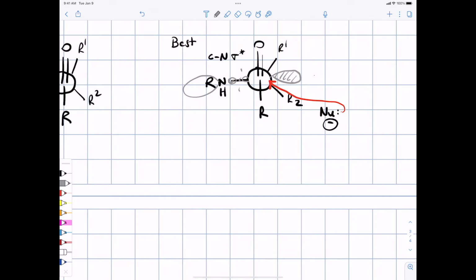And as the nucleophile aligns with that orbital coming in, it's a stabilizing interaction.